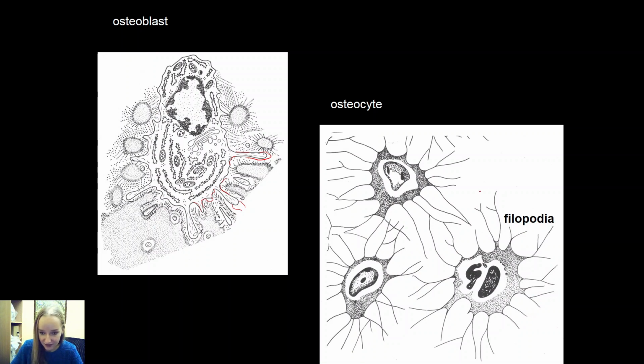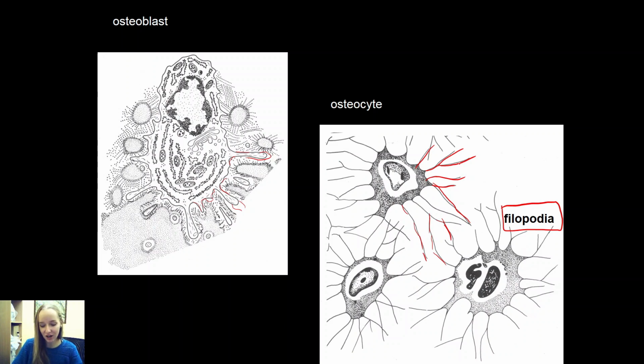And these osteocytes also have protrusions, but they are very long and very thin, and they are branching also. And they are connecting with protrusions of another osteocyte. This is very important and crucial for the bone, and these are called filopodia. So very long protrusions, very thin and branched filopodia.